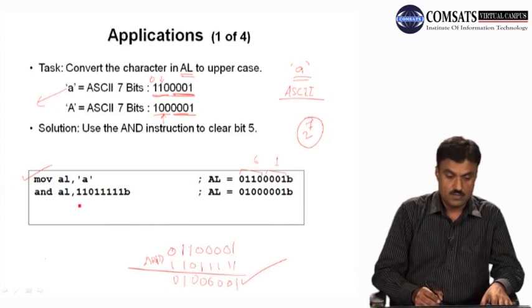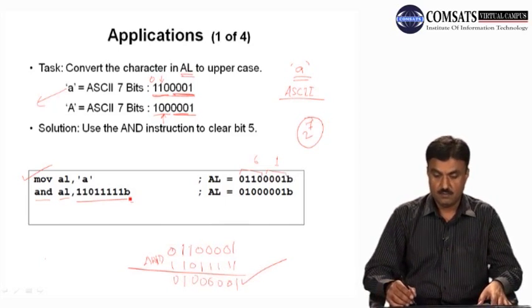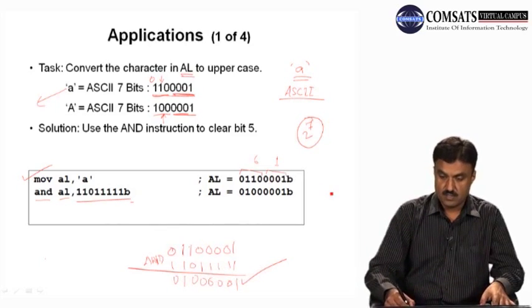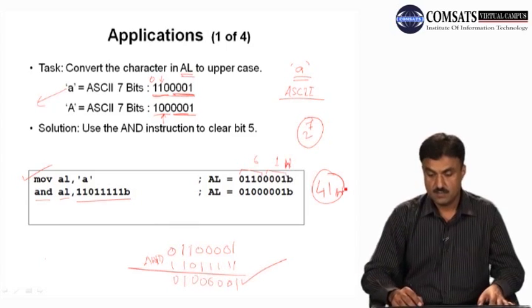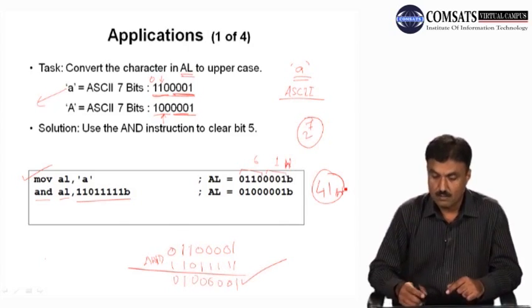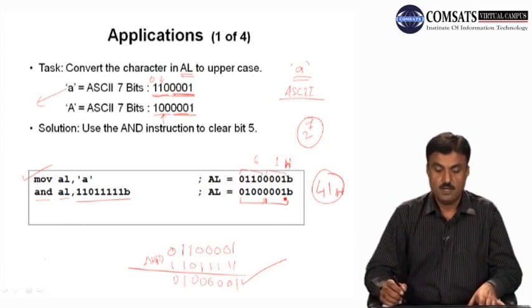Then when you perform the AND operation, AND AL, the new value will be 41 in hexadecimal. I use H to show that these values are in hexadecimal, not decimal. So 41 in hexadecimal is for the capital A.